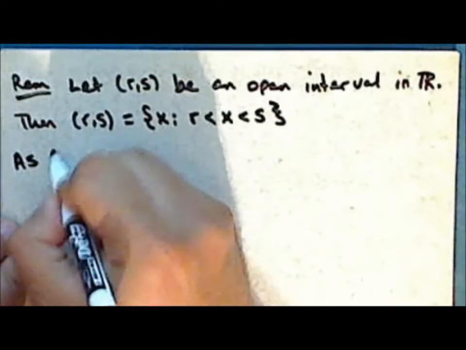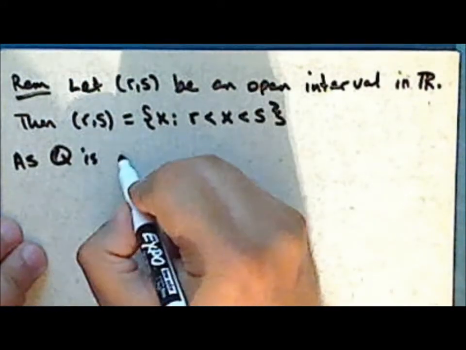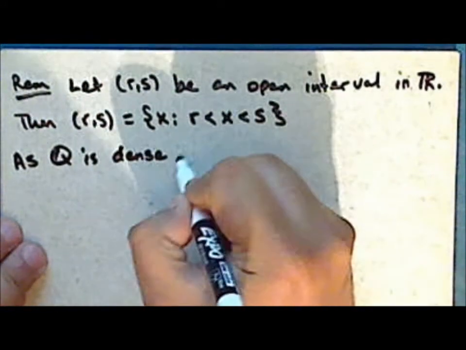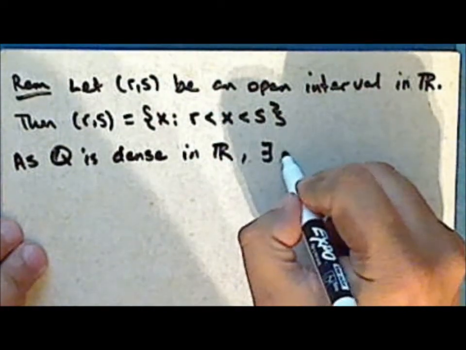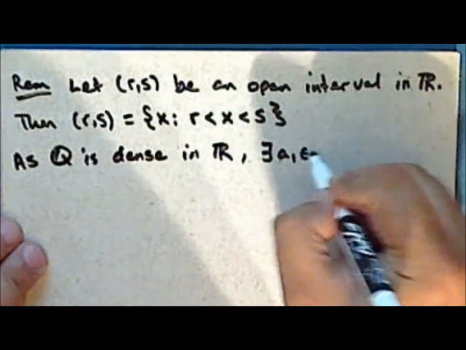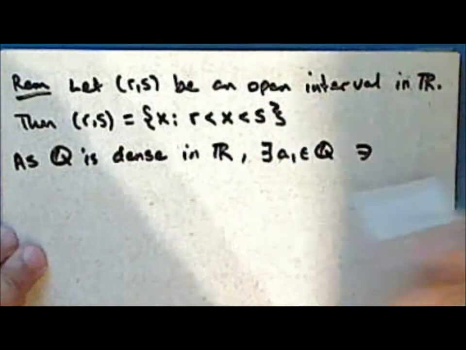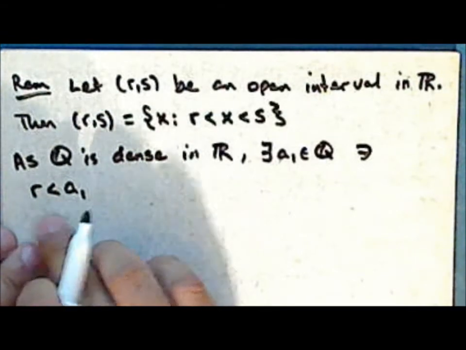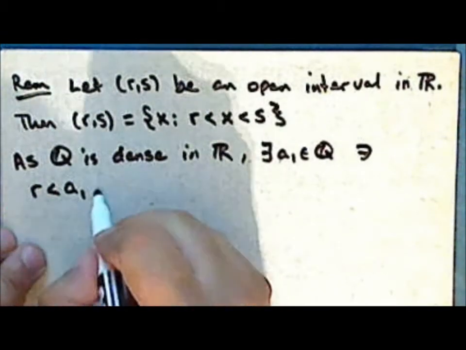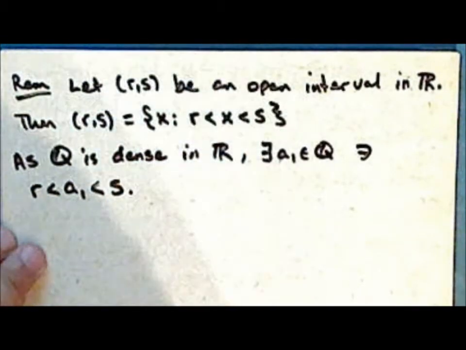Now, as the set of rationals is dense in R, there exists a rational number, a sub 1, such that a sub 1 is strictly greater than r and strictly less than s.